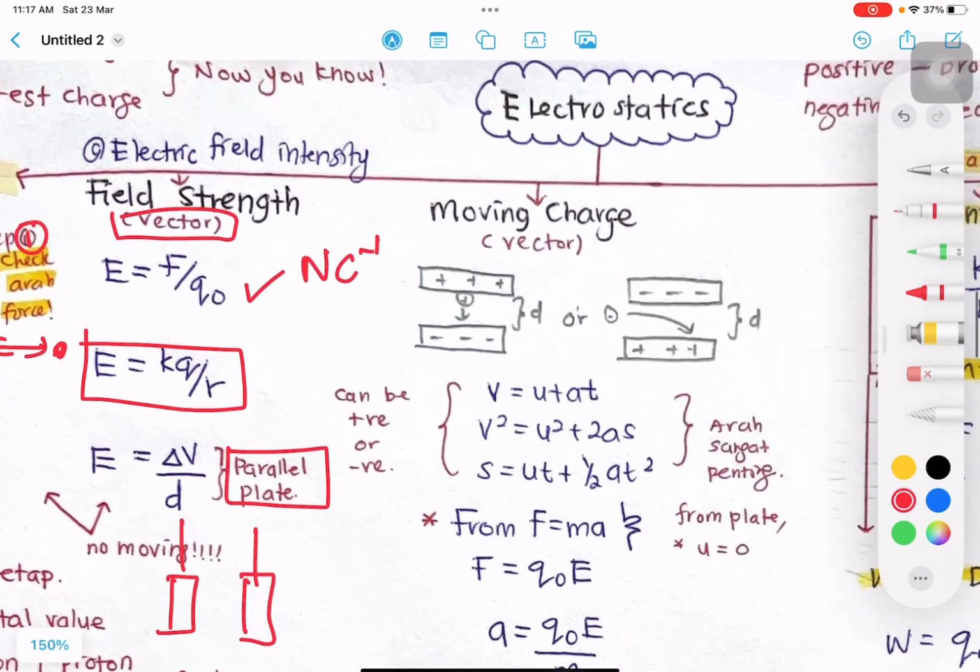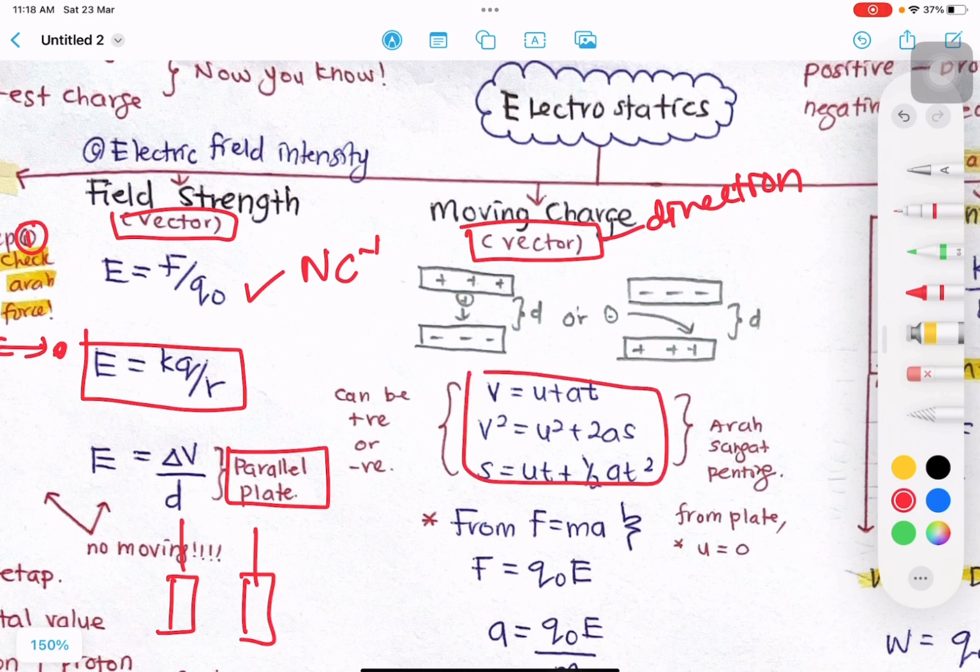Alright, moving on, we're going to moving charge. When we're talking about moving, we also have direction. When it is moving, we know it has some formula that we have already learned in semester 1, which is from the kinematic.